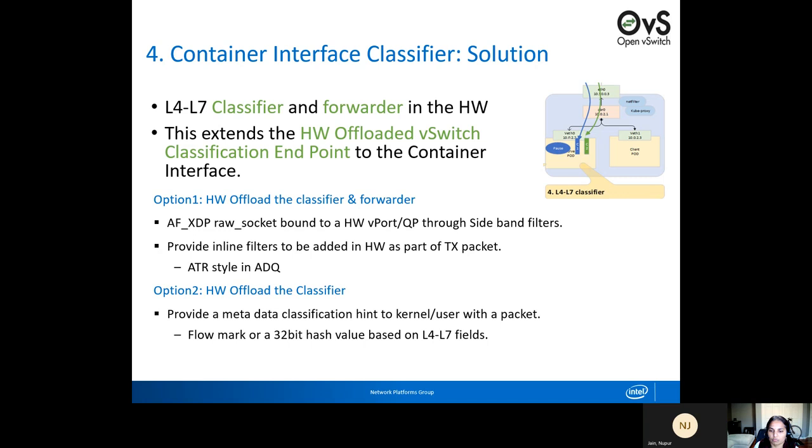So more desirable is to be able to do classification and forwarding in the hardware, but in some cases, if there are challenges with having enough queue resources, classification is still a really good benefit.